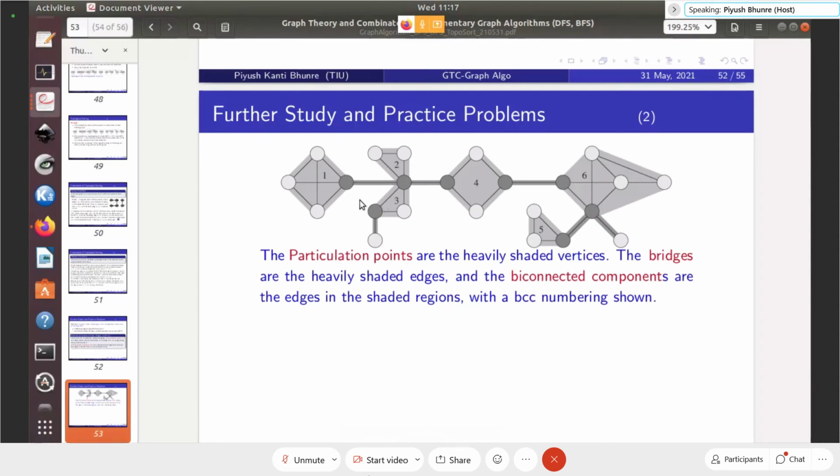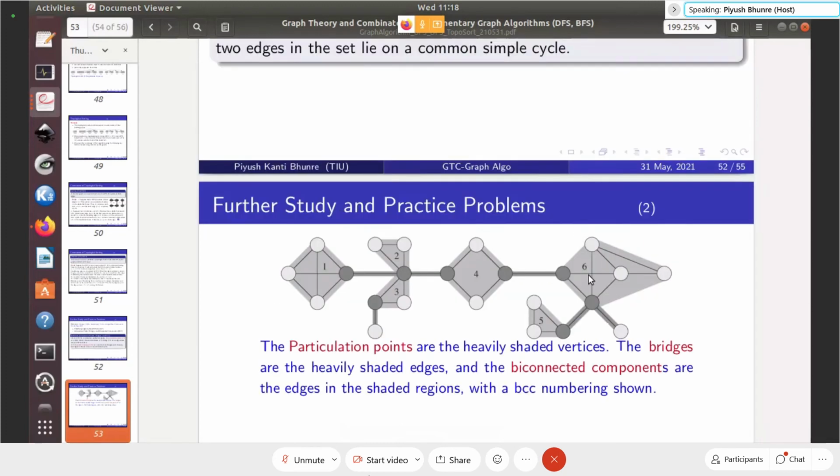When you remove these black vertices, it will disconnect the other vertices which form biconnected components. Even if you remove the shaded edges, the graph will be disconnected also.